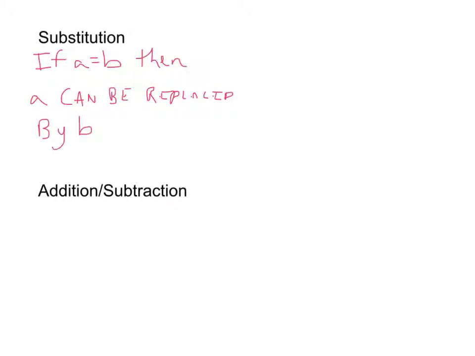And substitution just basically says if A equals B, so if we have two things that are equal, then A can be replaced by B anywhere in the problem.